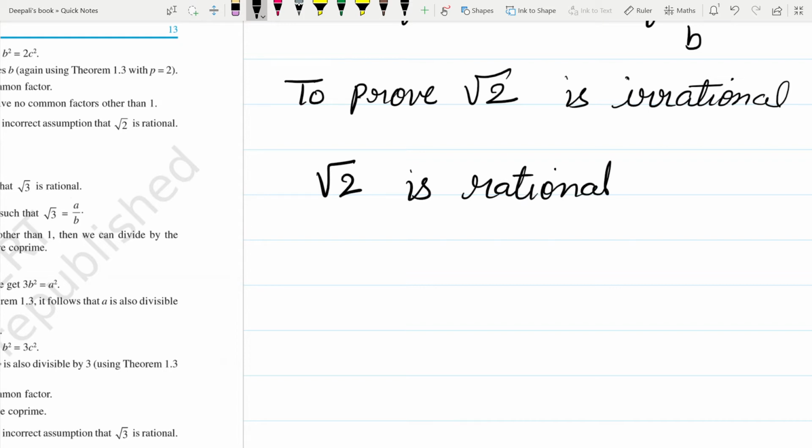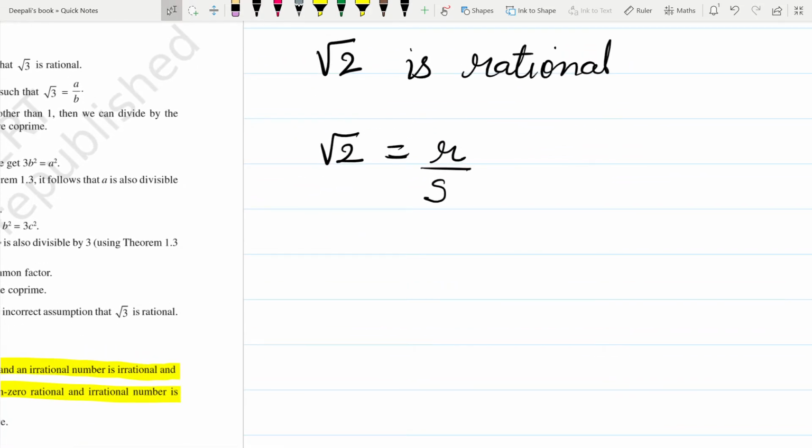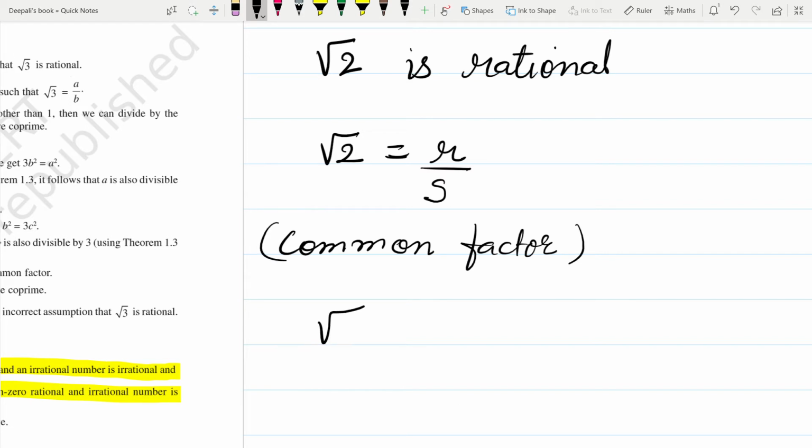If root 2 is rational, I can write root 2 is equal to r upon s. Now, in case r and s have a common factor, we eliminate the common factor of r and s, then we get root 2 is equal to a upon b.